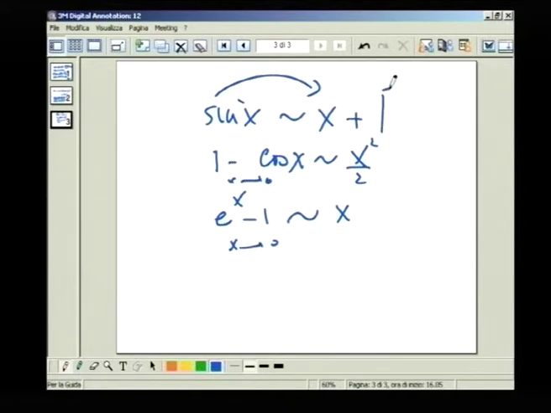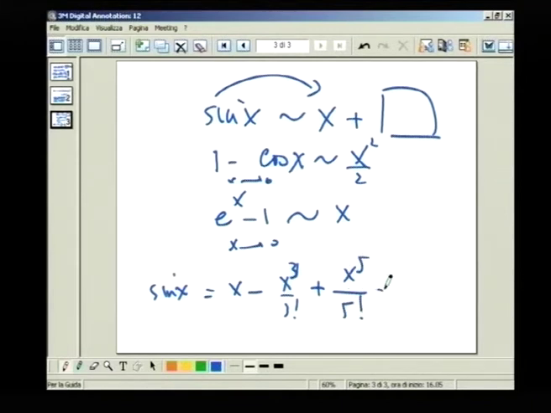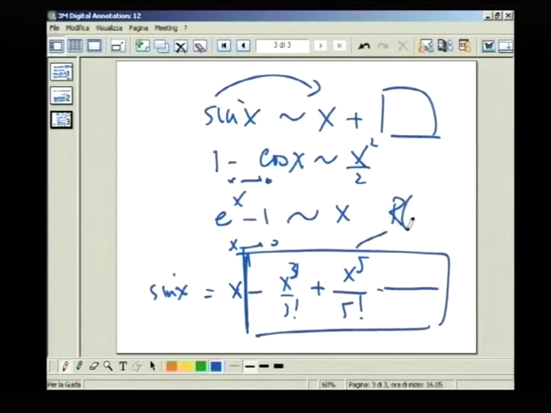There is a remainder because we know that sine x using Taylor is equal to x minus x cubed divided by factorial 3 plus x to the power of 5 over factorial 5, etc. Whenever you do a truncation here, you have to add the remainder term. So the idea is to calculate the remainder term and see what the bound for the remainder term is.